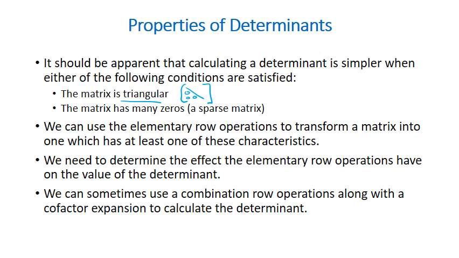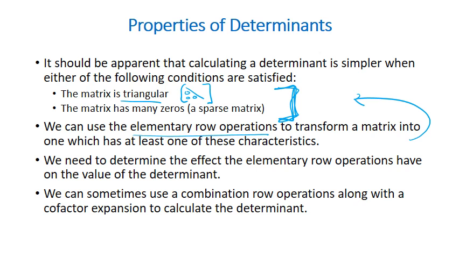Now, the new part that we'll see today is that we can use our elementary row operations to transform a matrix into one of these characteristics. So if it is not one of these already, we can alter the matrix so that it is easier to calculate the determinant.